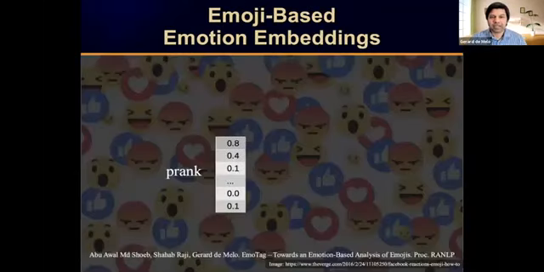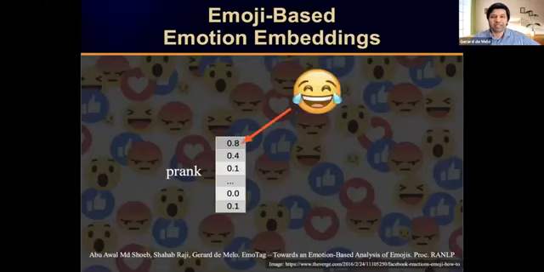Another thing we looked at is creating word embeddings that are interpretable. And so previously we had affective embeddings, which gave every dimension an emotion label. And so in this other study, we gave every dimension an emoji label. So basically a word is represented as a series of scores, one for each emoji.